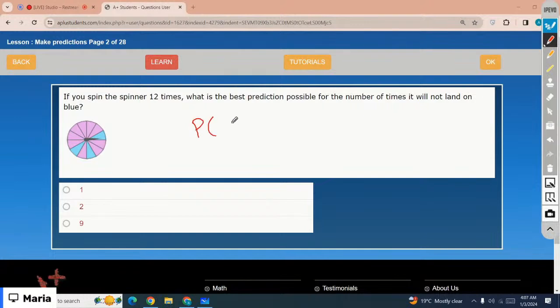The probability of not blue means the probability of the other colors. You have 9 options other than blue out of 12. So that is 9 by 12. Then you did this event for 12 times. So multiply by 12. So you are left with 9. That means the best prediction possible is 9 times it will not land on blue. The correct option is 9.